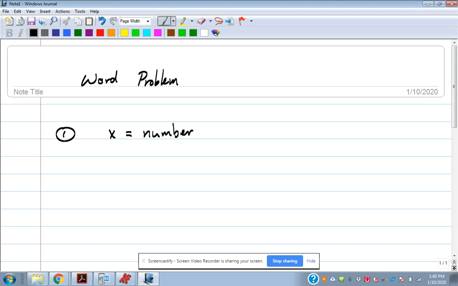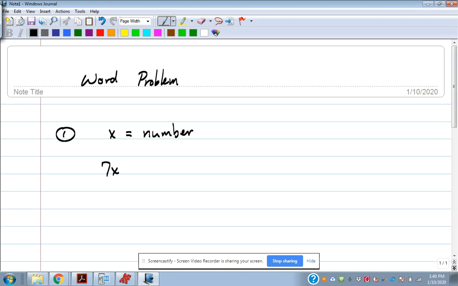So I'm going to use X here to represent that number, and I'm going to try to interpret the sentences here and decide how to set up an equation. Let's read that first statement. The product of 7 and a number. What's a product? Multiplication. So the product of 7 and a number would be 7 times X, right?